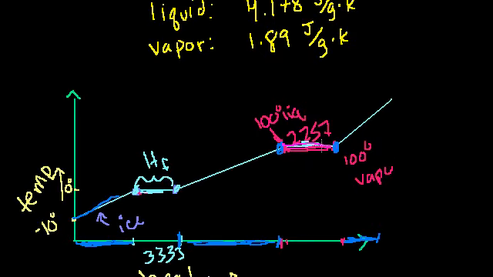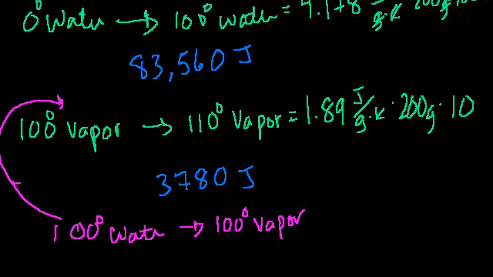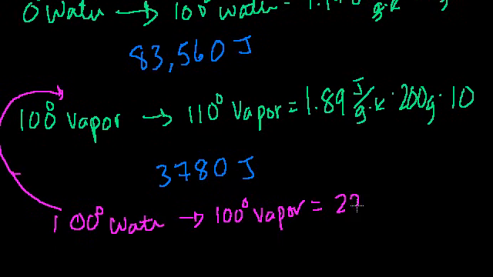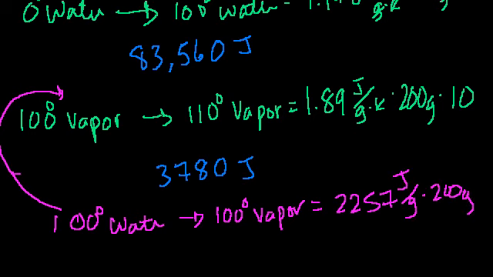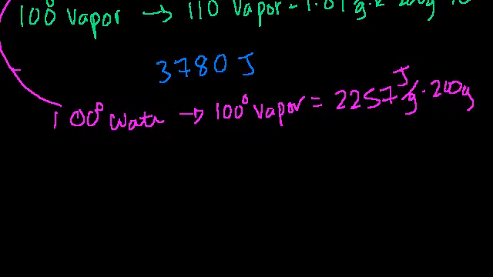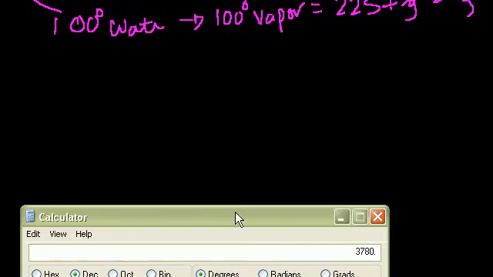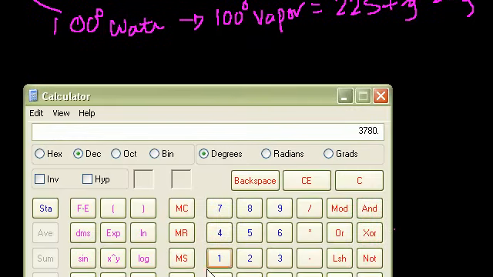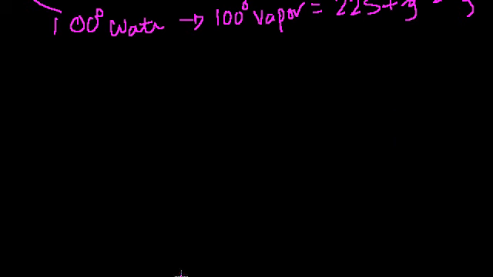This is the phase change. I multiply the heat of vaporization, which is 2,257 joules per gram, times 200 grams. And this is, let's see, clear it out, 2,257 times 200 is equal to 451,400.